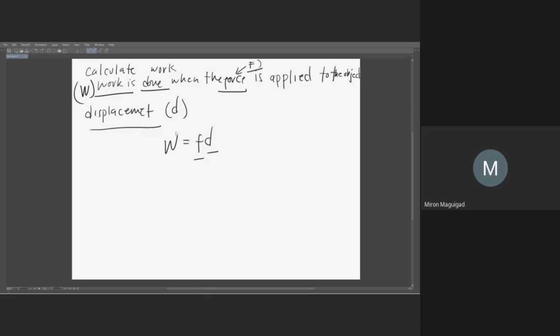How we're going to calculate work is to multiply, or get the product of, these two variables: force and displacement, or sometimes it is called distance.